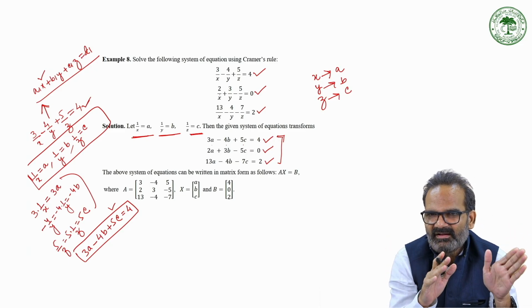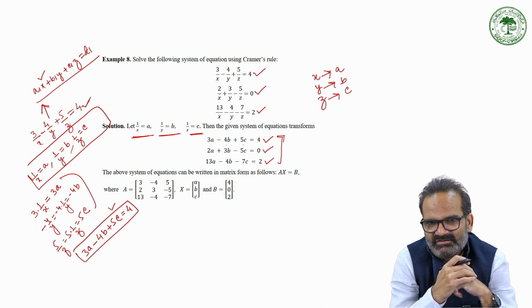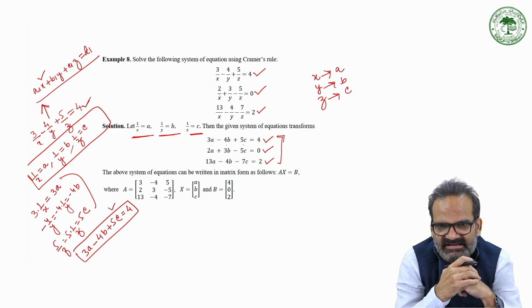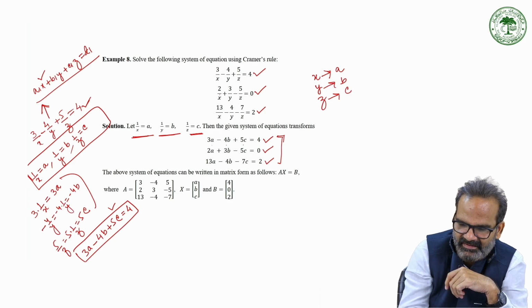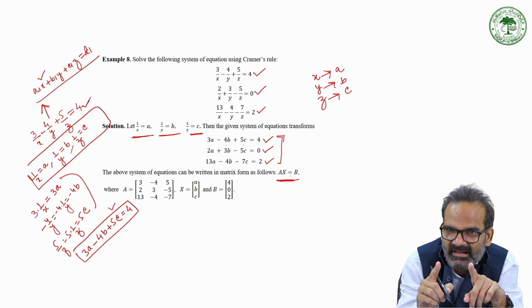In place of x, y, z, we have a, b, c as new variables. So let us proceed. The above system of equations can be written in matrix form, AX is equal to B. As usual, what is A? Now A is the matrix of the coefficients of the variables a, b and c.